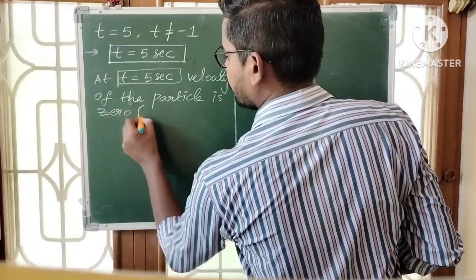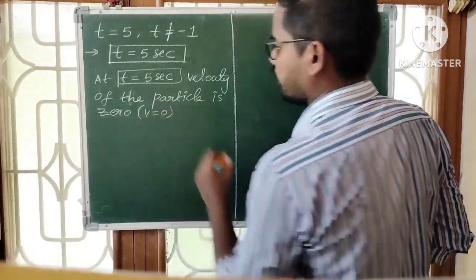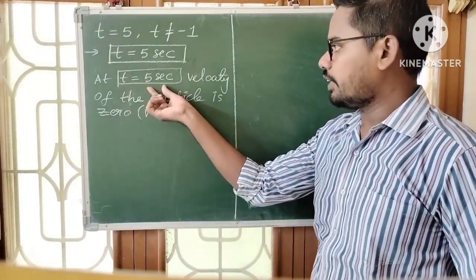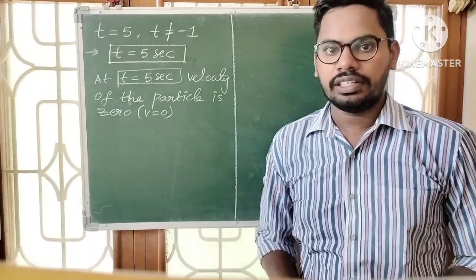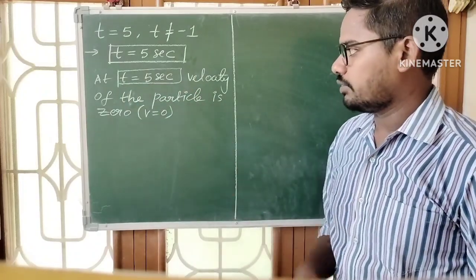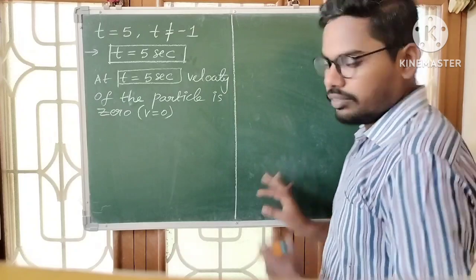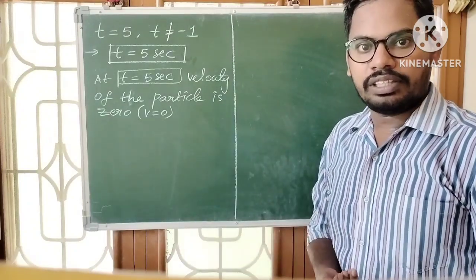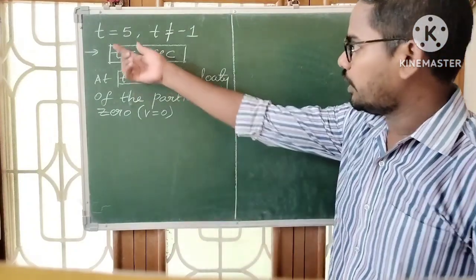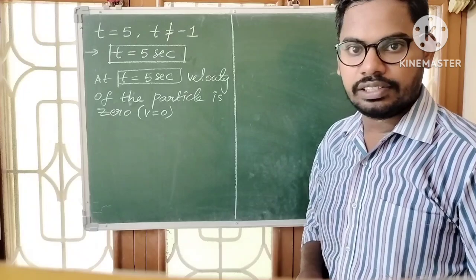So at t is equal to 5 seconds, the velocity of the particle is 0. We have one more method, one more way, to find this time period, t is equal to 5 seconds.